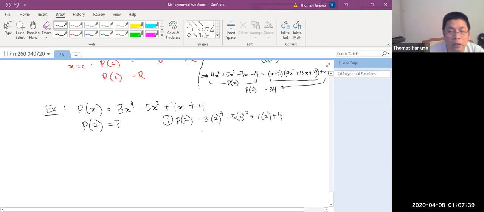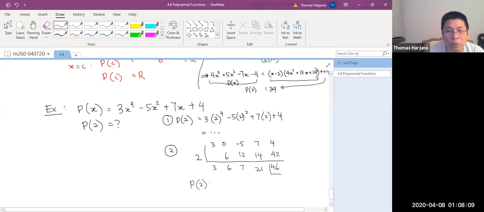Right, that's the way we did it. But now we have a better method. You do synthetic division with the polynomial coefficients 3, 0, negative 5, 7, 4, and you put 2 here. So P(2) equals 46.